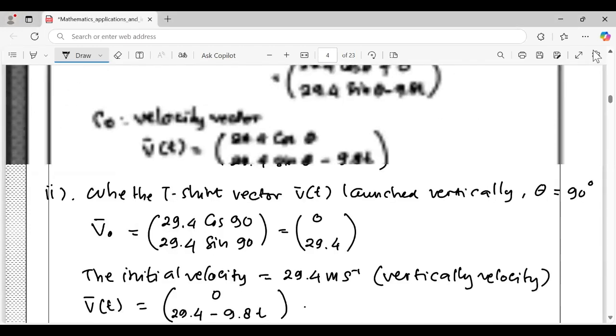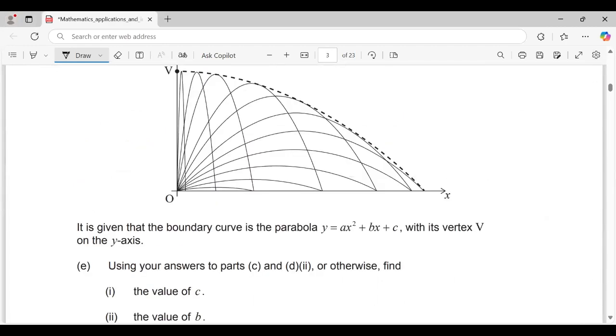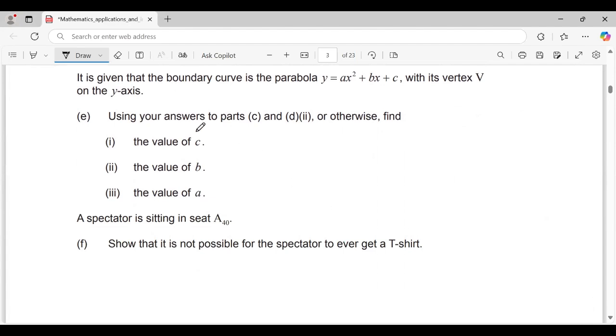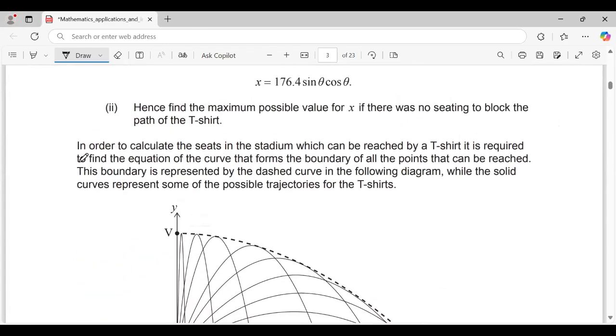Next question, part E. In order to calculate the seats in the stadium which can be reached by a T-shirt, it is required to find the equation of the curve that forms the boundary of all the points that can be reached.